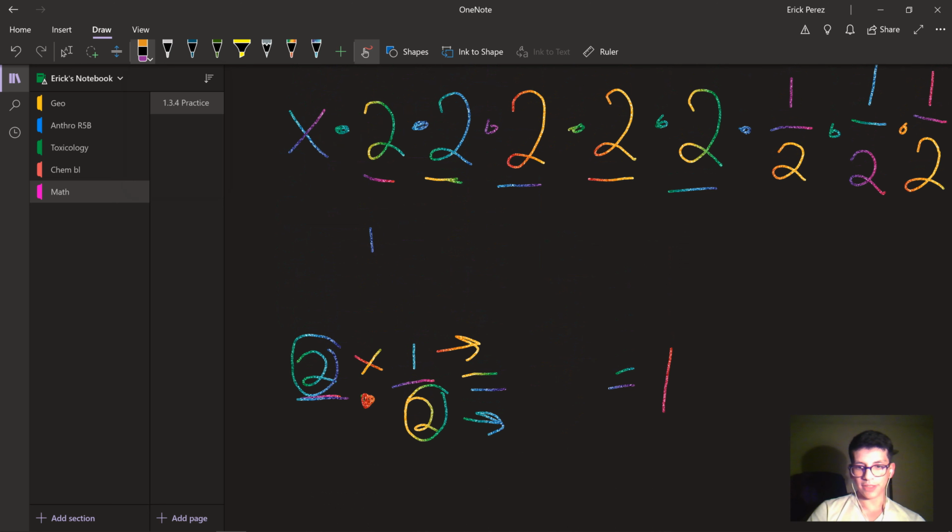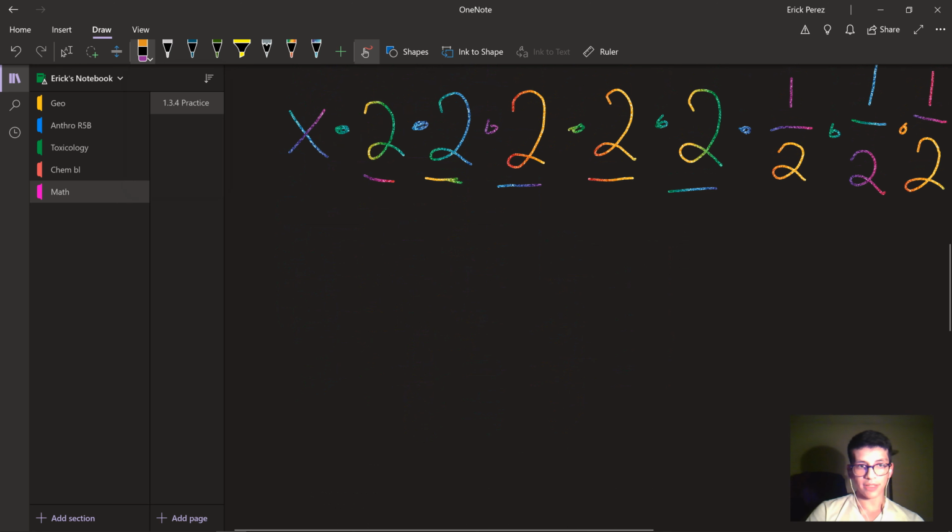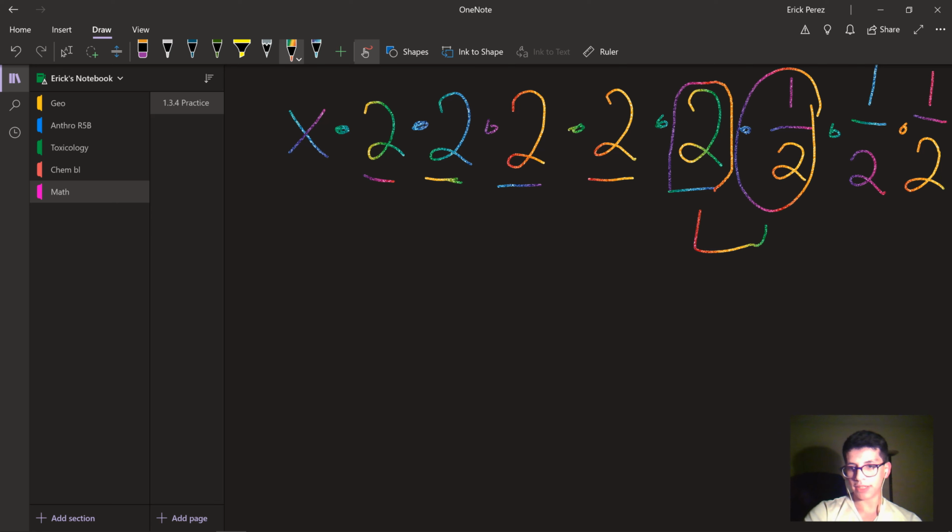So the reason we have to know that is because every time we see a 2 and a 1/2, we know that when they multiply, both of them give us the number 1, right? And so how many 2s and 1/2s do we have?